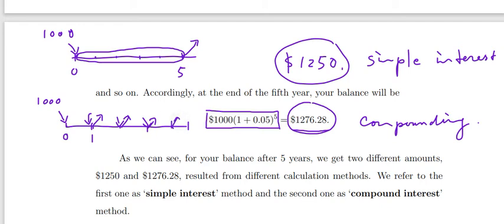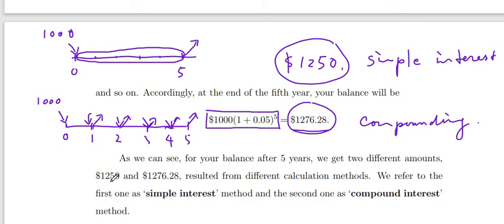So here we calculate many more times, more frequently. We say this is compound interest. We call this compounding annually, meaning each year, or compounding yearly. For each year, we calculate one time.